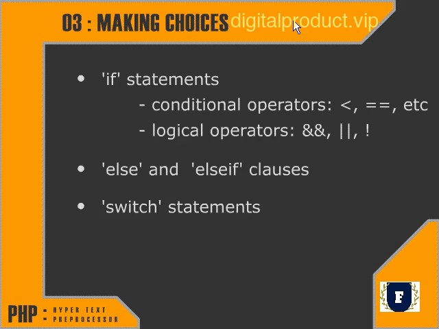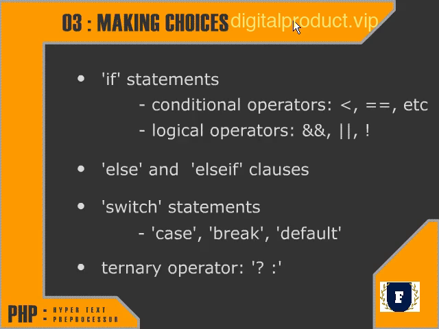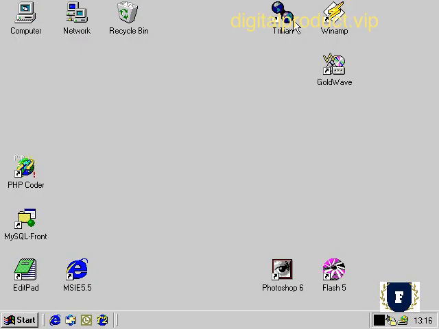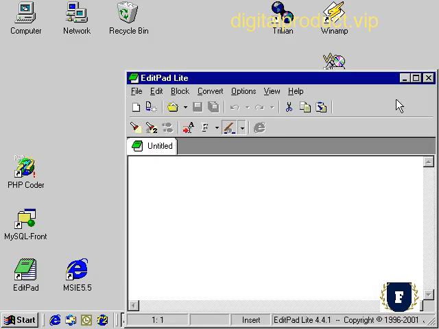We're going to look at switch statements, which is another way of making choices in PHP, and the other keywords that go along with switch statements. And finally, we're going to look at the ternary operator, which is a very concise way of expressing a conditional and making a choice within a PHP script. So let's get right in and write our first conditional PHP script.